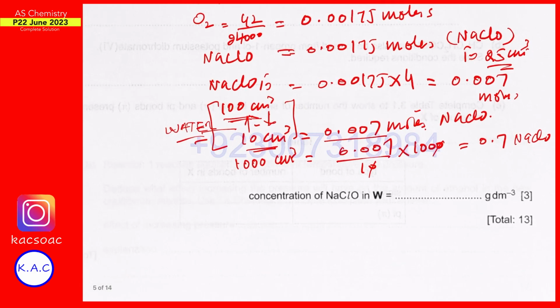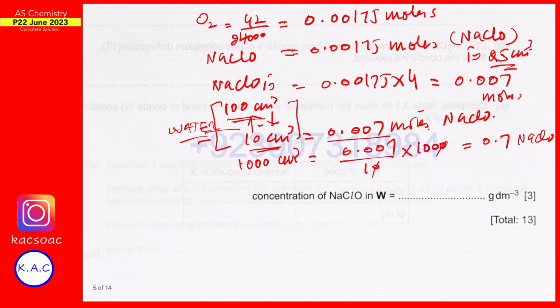What is the mass of NaClO? We are having the moles of NaClO in 1 dm³. And what is the mass basically? We are going to find the mass in grams, and we are having its Mr: 23 plus 35.5 plus oxygen is equal to 16.